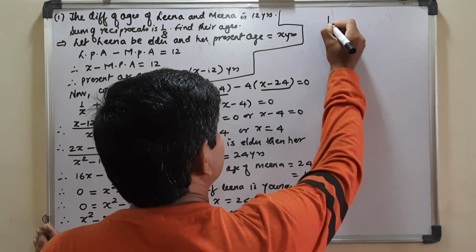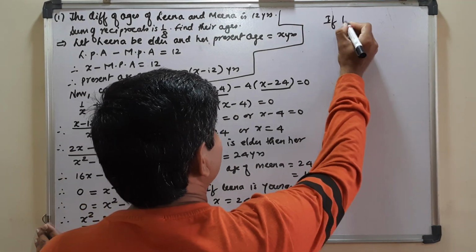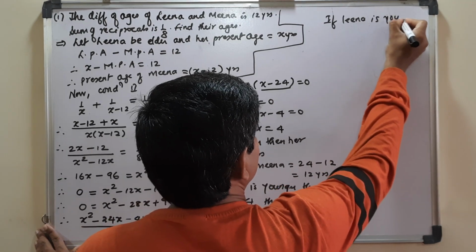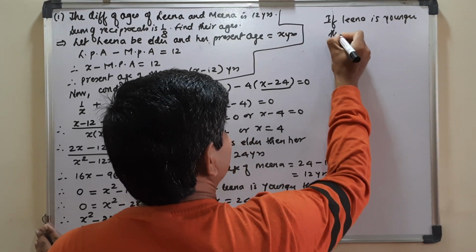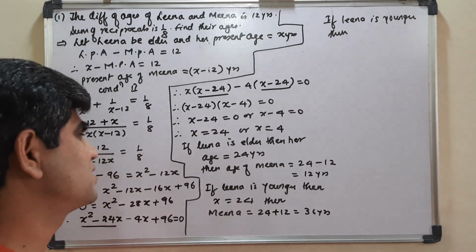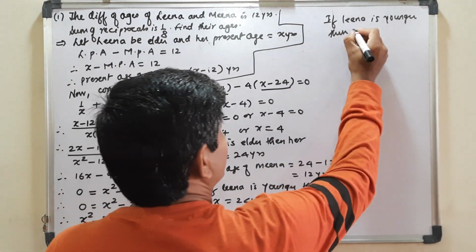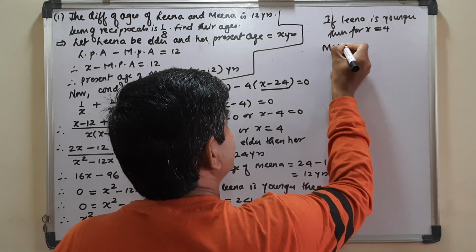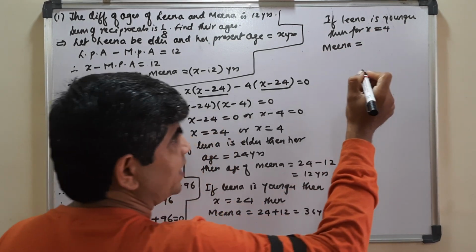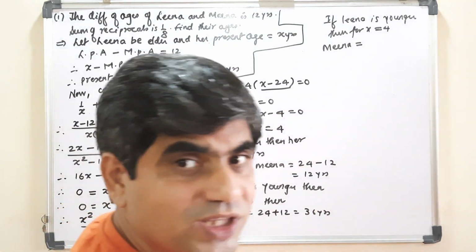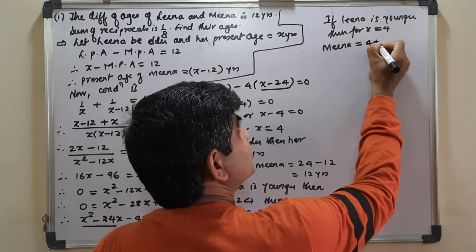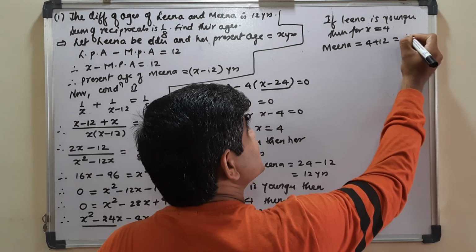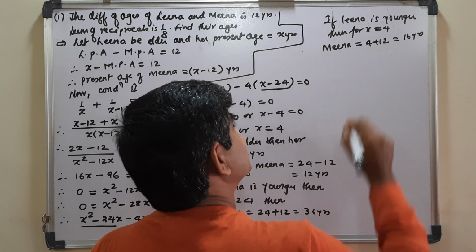And again, if Lena is younger, then when x is equal to 4, Meena will be 12 years more than her, that is 4 plus 12, that is equal to 16 years.